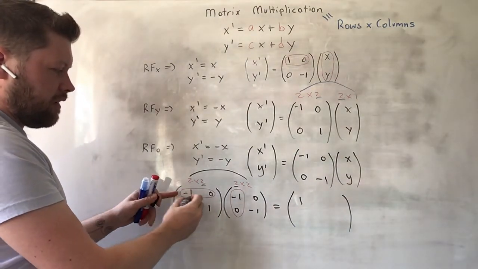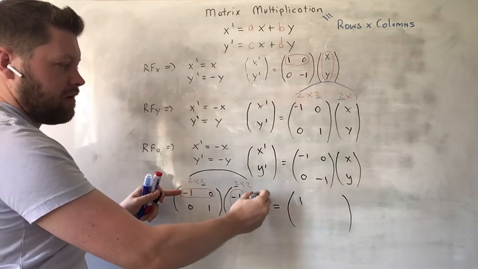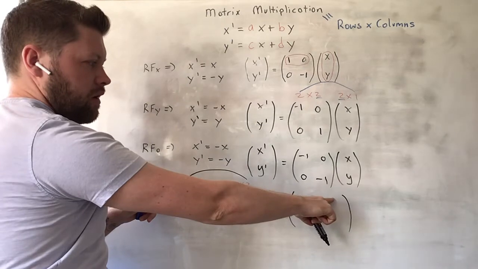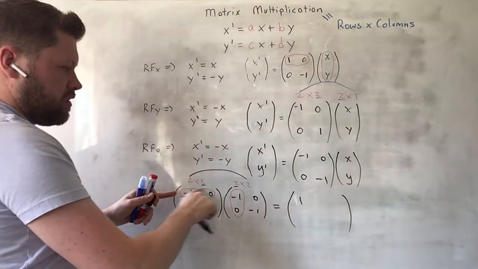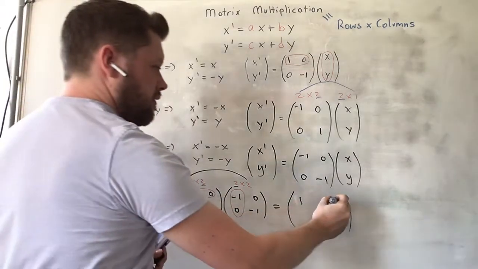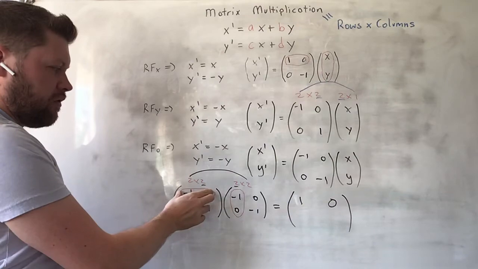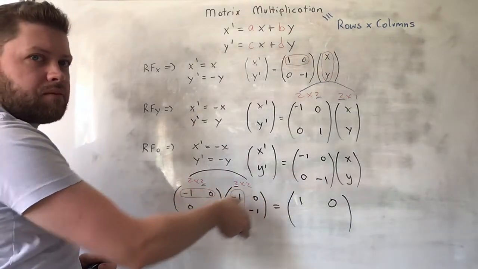The next step is to take this same row and multiply by the second column, and that will give you the number here. So minus 1 times 0 is 0, and 0 times minus 1 is 0, so that number is 0. That's taking this first row and multiplying by the second column.